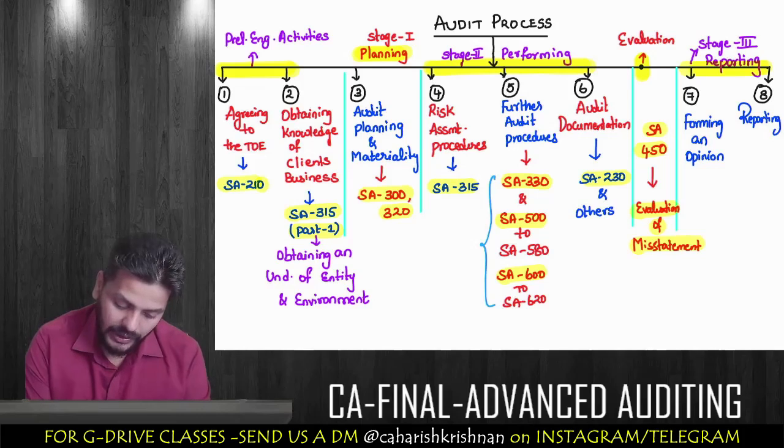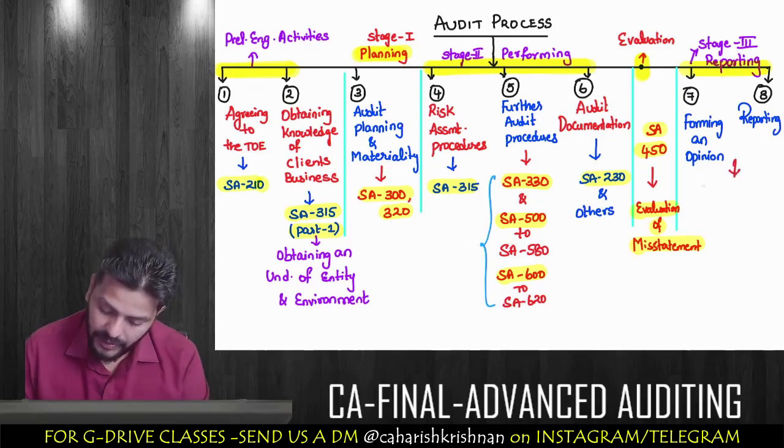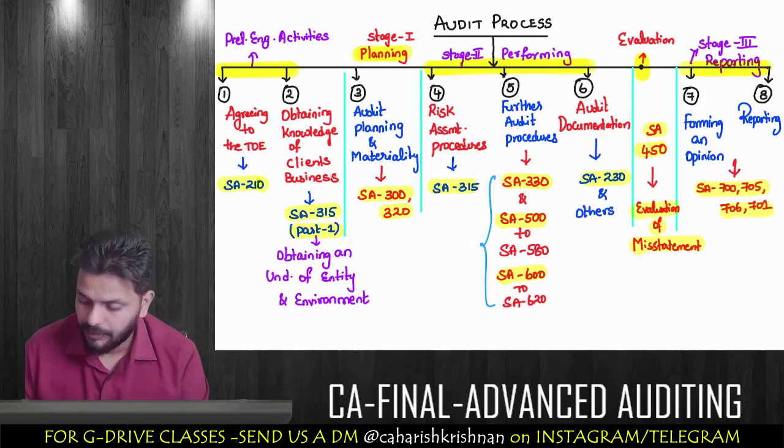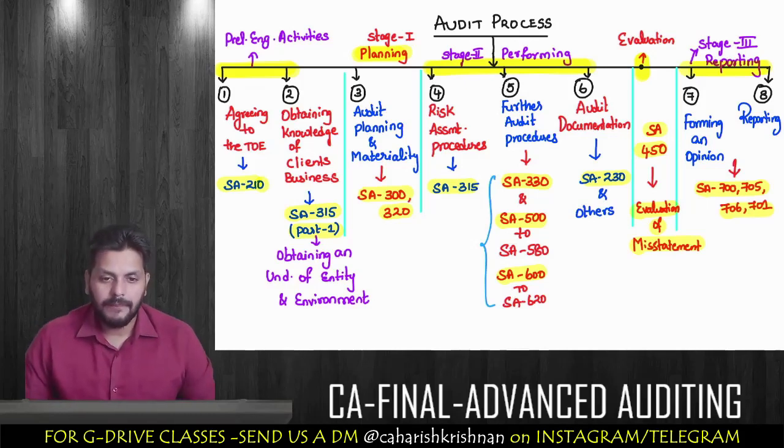In this context, we have standards 700, 705 in case it's a modified opinion, 706 and 701. All those 700 series standards which come for reporting, they all come here. Okay, so this is what we have as the entire 8-step audit process.